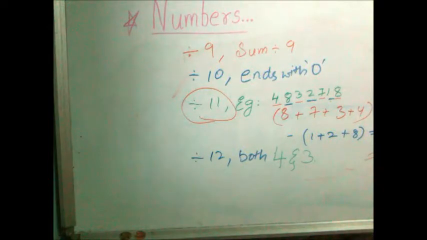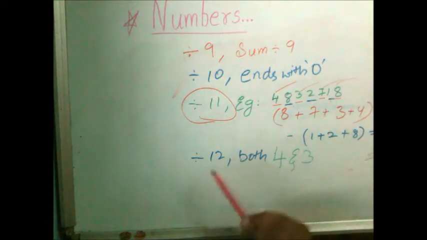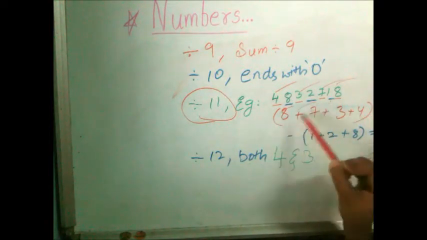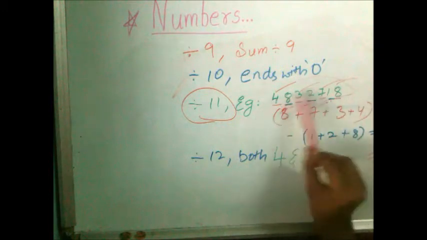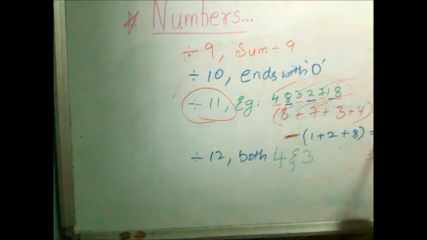It's a bit tricky, right? It's nothing: we take the sum of the odd places, then the sum of the even places, and take the difference. If we get 11 or 0, then that number is divisible by 11.